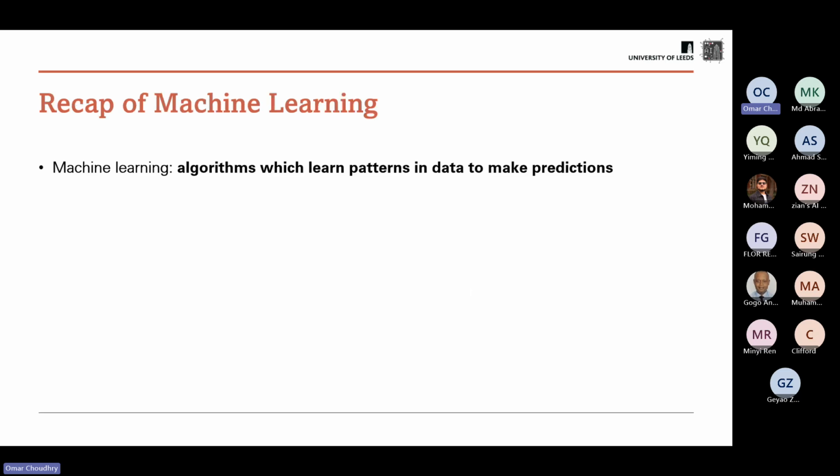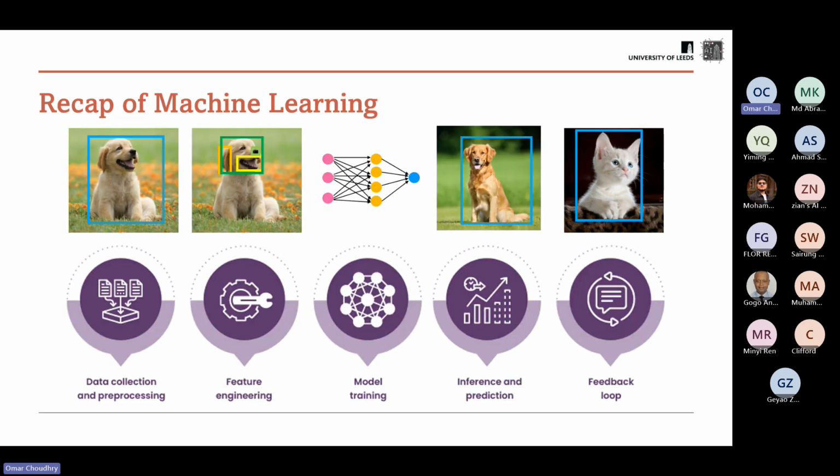So very briefly, last time we looked at the definition of machine learning, and that was algorithms which learn patterns in data to make predictions. The example that we used is, say, we collect pictures of dogs, and we annotate with bounding boxes where the dog is in an image.